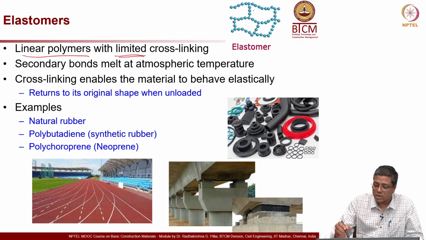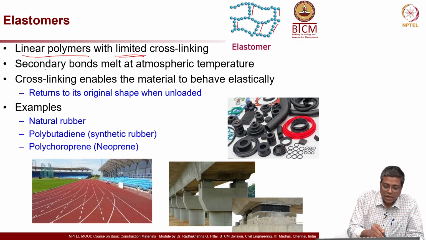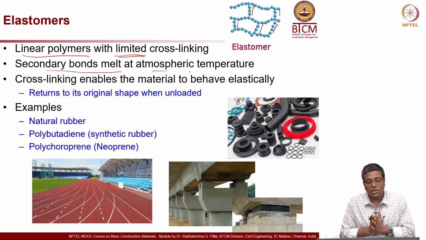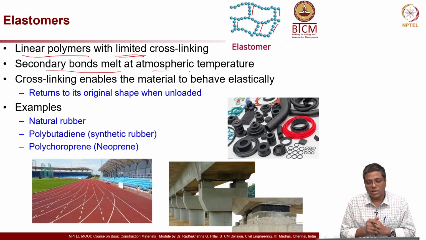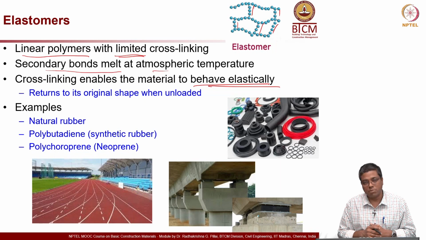So, you can see here, one here, one here, one here, very limited cross linking. And now, the secondary bonds which are present melt at atmospheric temperature, and the presence of this limited amount of cross linking chains enables the material to behave in an elastic manner.